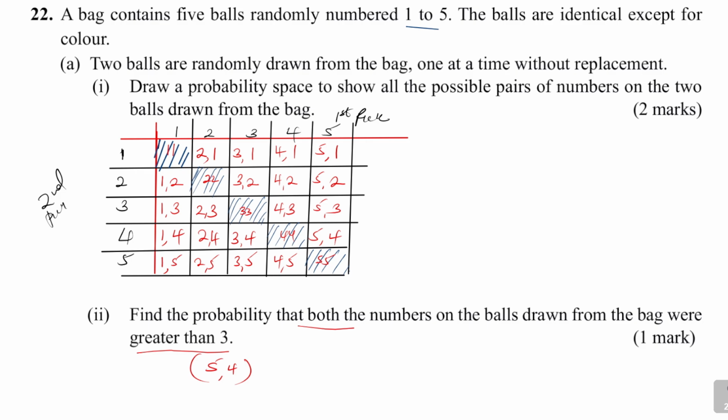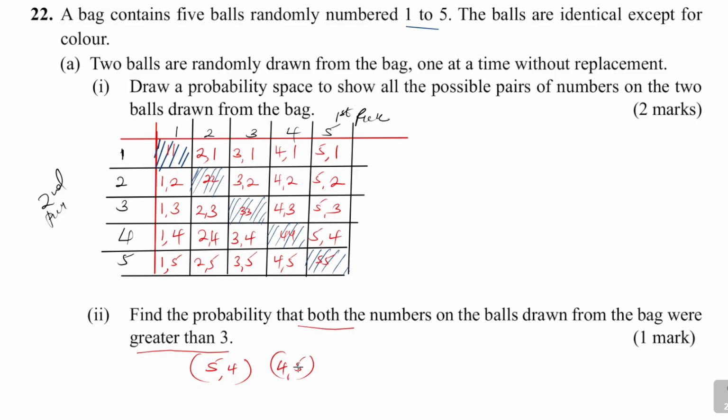So from here you can see that both balls must be greater than 3. So 5 is greater than 3, 4 is greater than 3. Then the next one is this one, 4 and 5.